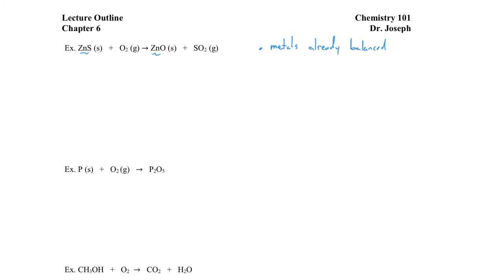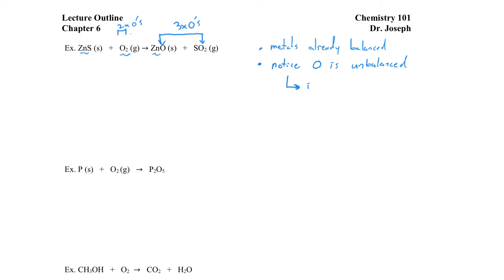Now, that leaves you with the question of, well, where should I start? Where's a good place to start? What I would say, another really good place to look for first is to find if you have any odd numbered atoms. So if you take a look at oxygen here, notice that we have 2 oxygens on the left, but we have 3 oxygen atoms total on the right. So oxygen is fundamentally unbalanced.